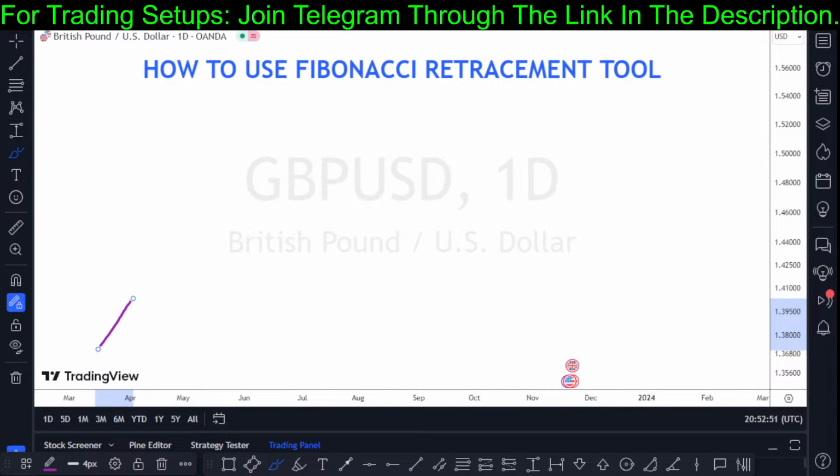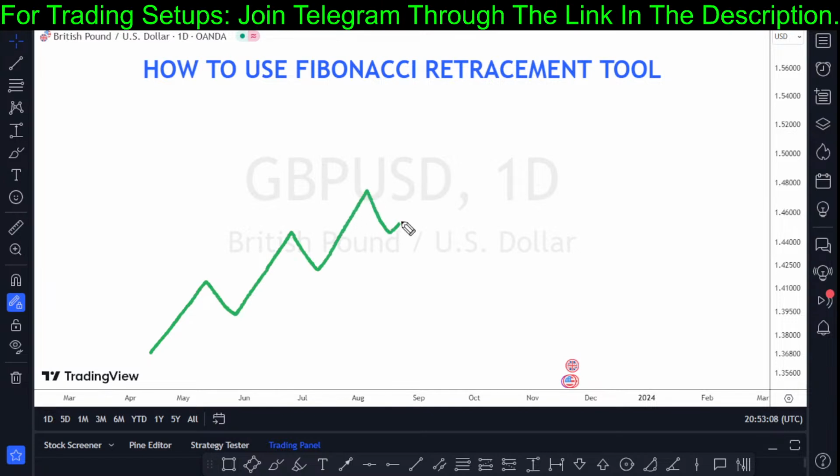In an uptrend, this is what you have. In an uptrend, the market keeps moving up and down, up and down. So at this level right here, these are the zones you look out for long opportunity when the market makes a pullback.